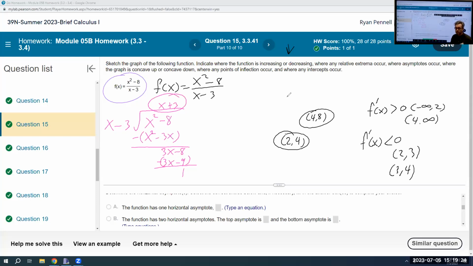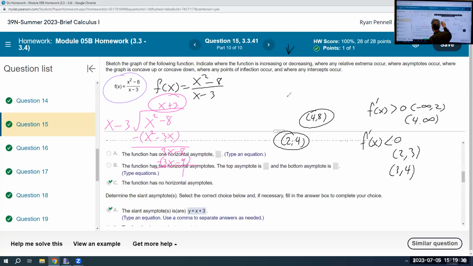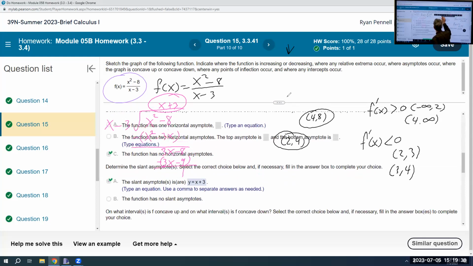How did I do that? I just long divided the polynomials. Let me take a picture of that and hopefully shove this up so we can look at it. Plus 3, the slanted asymptote. How do you find that?